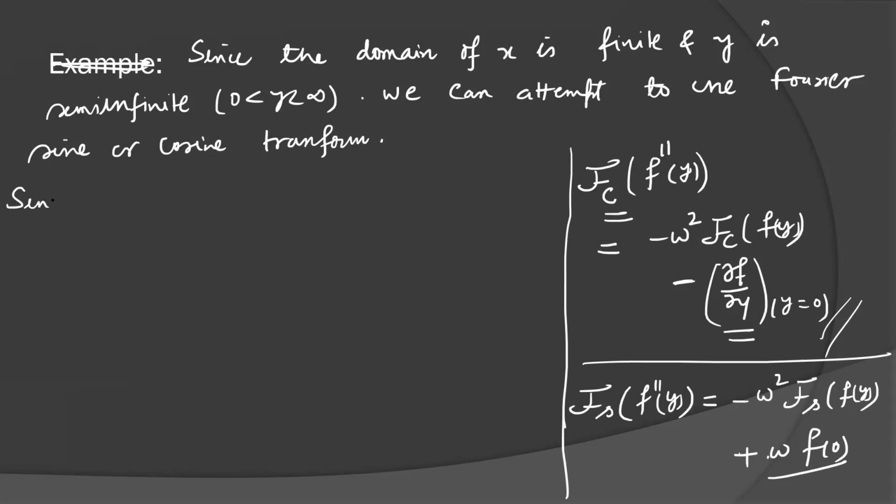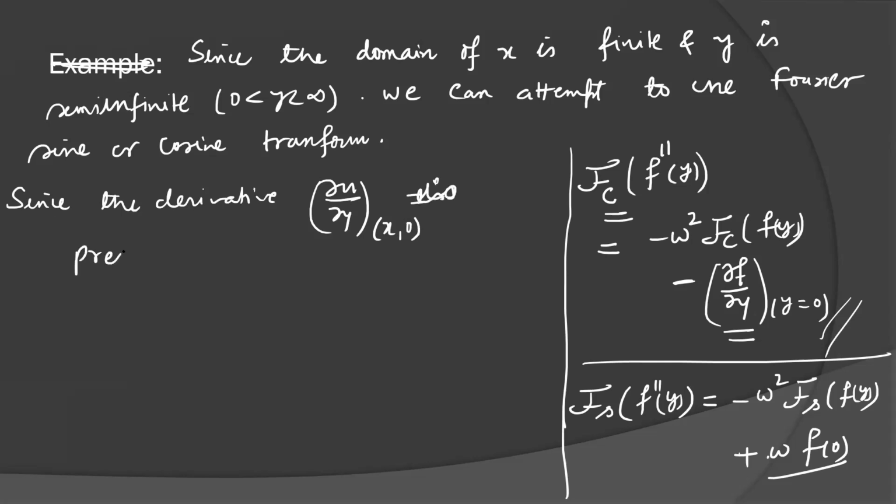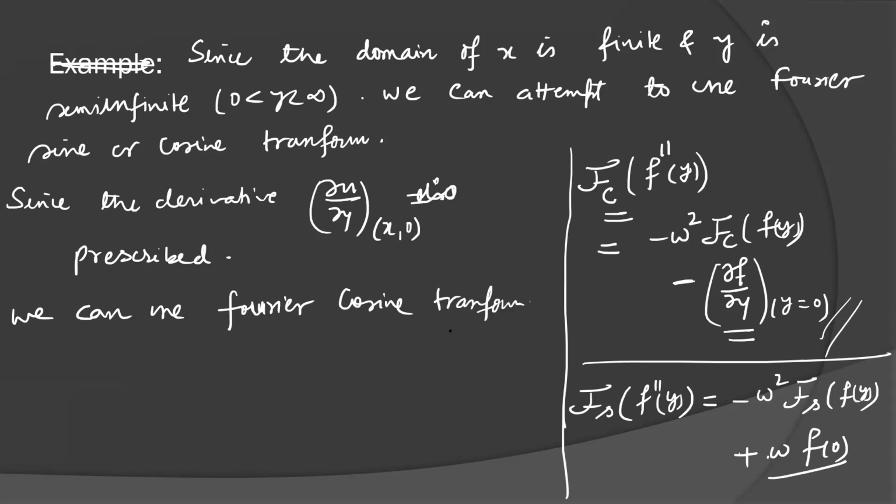Since the derivative del u by del y at y equal to 0, keeping x together, is prescribed or given, we can use the Fourier cosine transform.